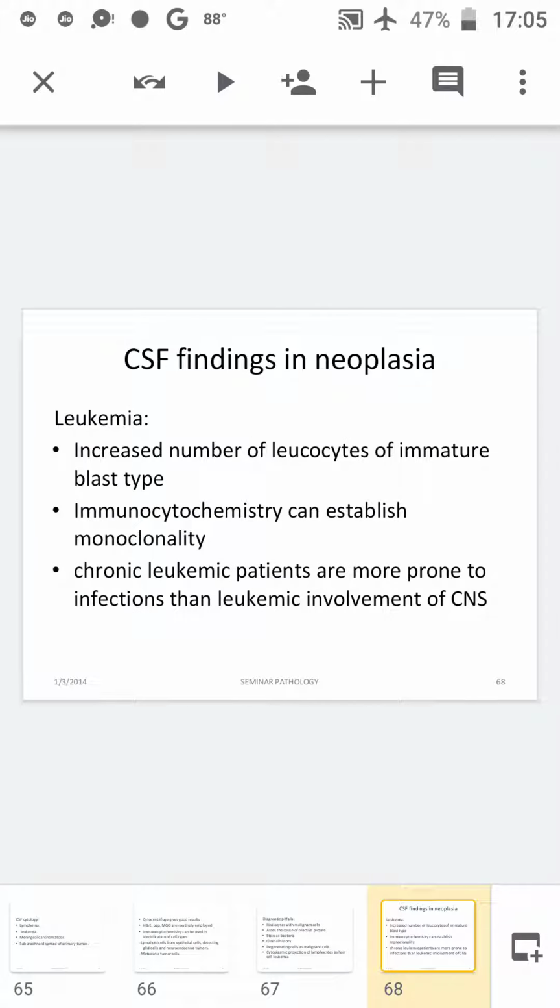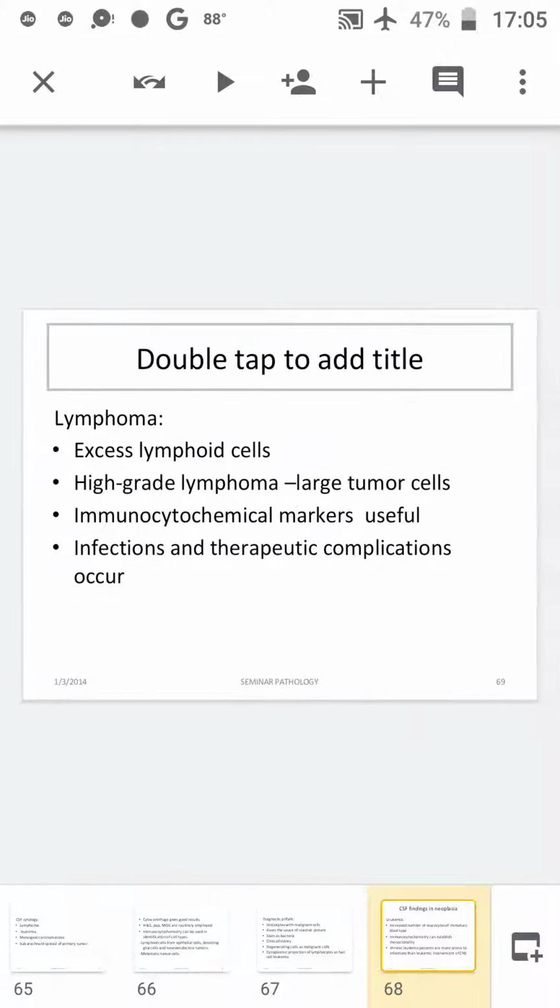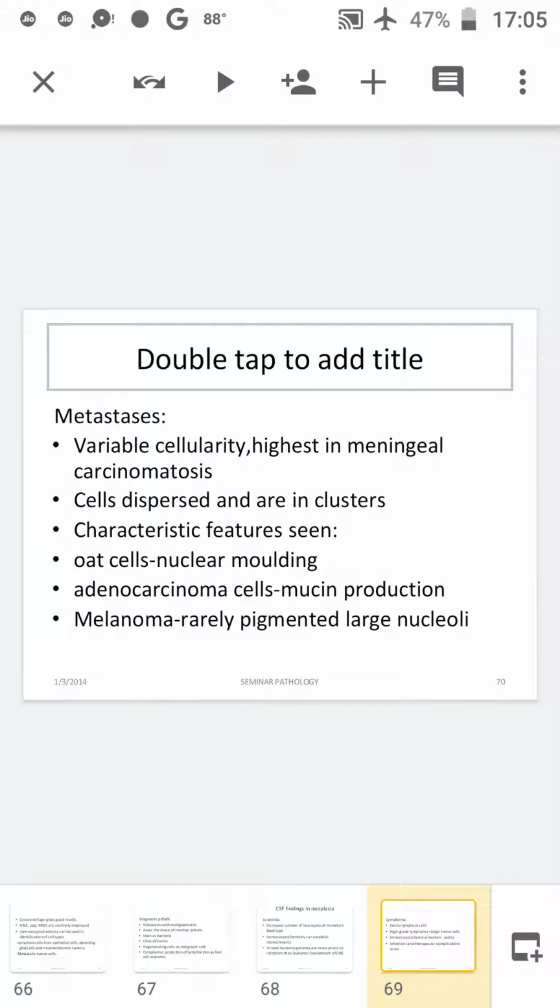Suppose the patient is having CNS leukemia, then an increased number of blast cells will be seen. If the patient is affected with lymphoma, excess lymphoid cells with large tumor cells can be seen. And metastasis from other sites: suppose a patient is having a lung tumor and the carcinoma has metastasized to the brain, you can see increased cellularity, more cells with irregular nuclear margins, high NC ratios, and prominent nucleoli.